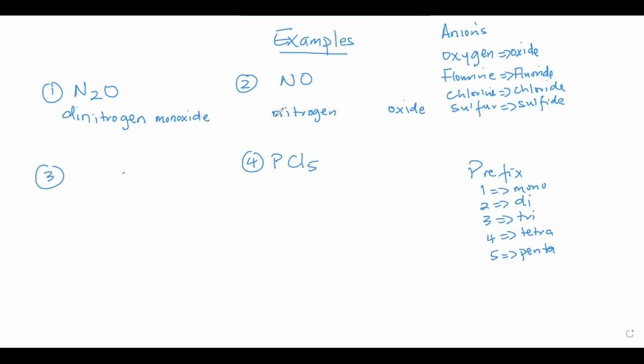The second element is one, so we can put mono: monoxide. Another thing I want you to take note of, though I didn't indicate it in the rules: this is monoxide, but I remove one O. That's another rule which I didn't indicate here. So nitrogen monoxide.